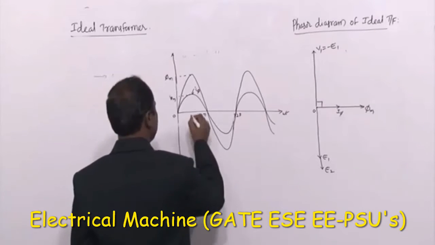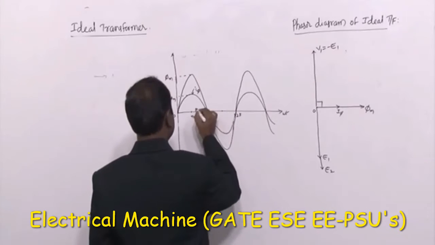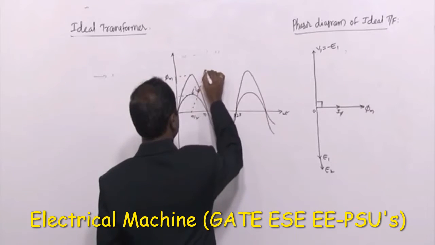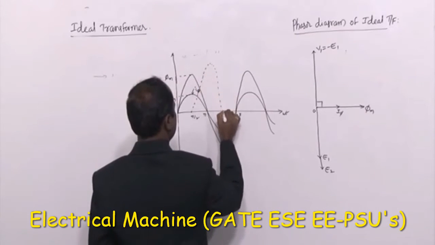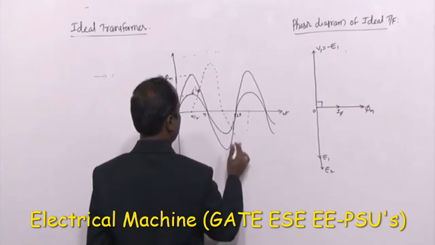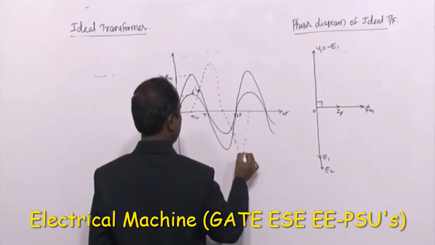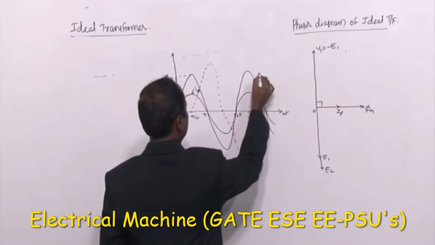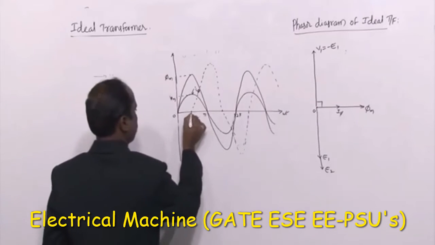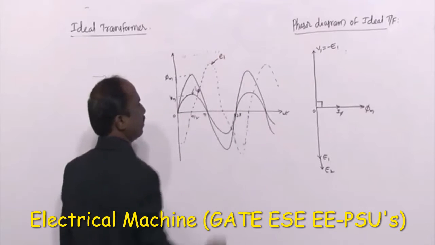Therefore, E1 is leading in nature. This is pi by 2. This is E1, the induced EMF E1.